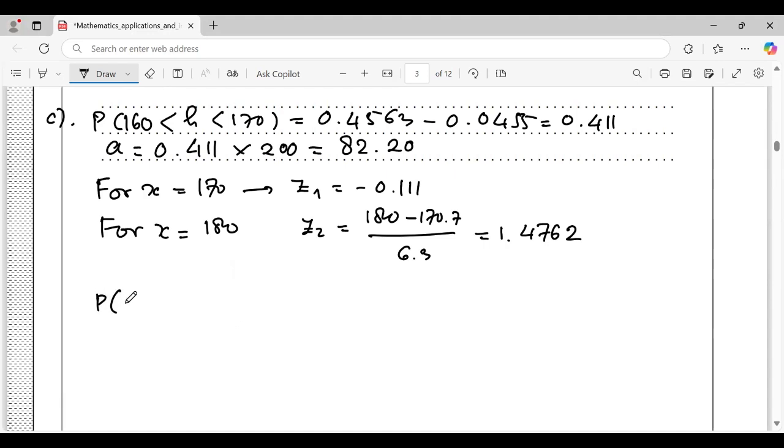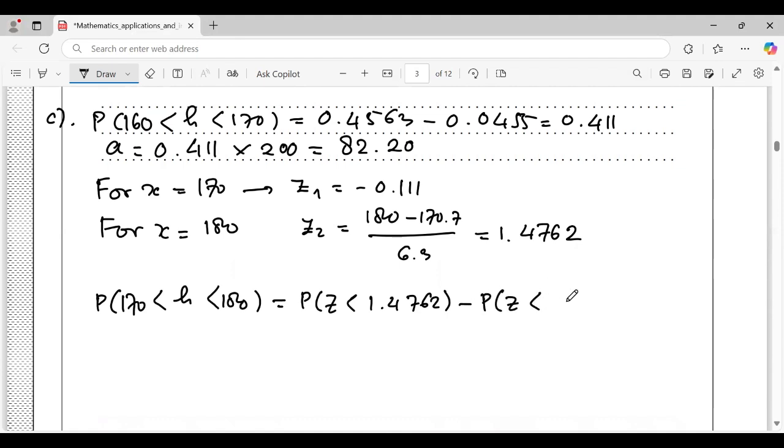So the probability that H is greater than 170 and less than 180 equals probability Z less than 1.4762 minus probability Z less than minus 0.1111.